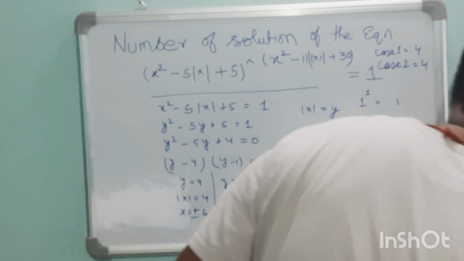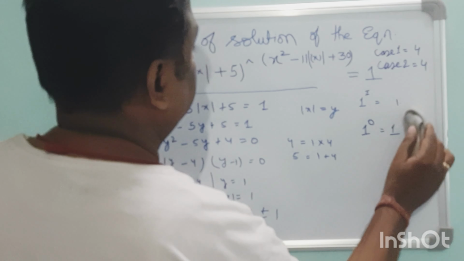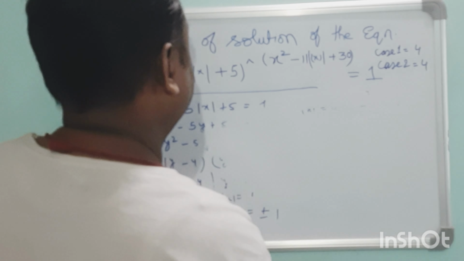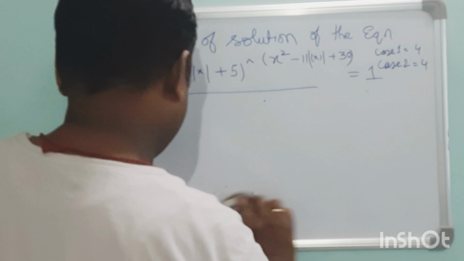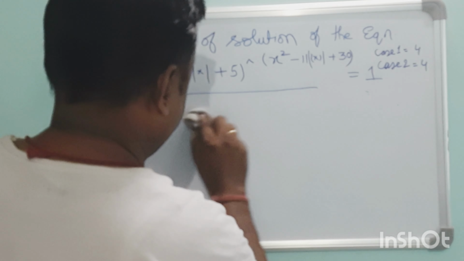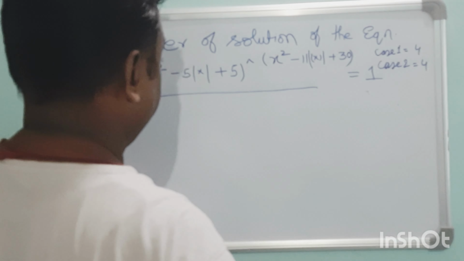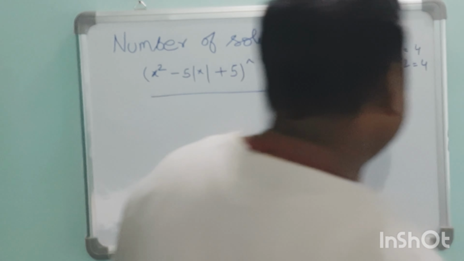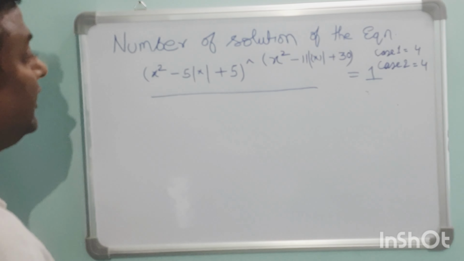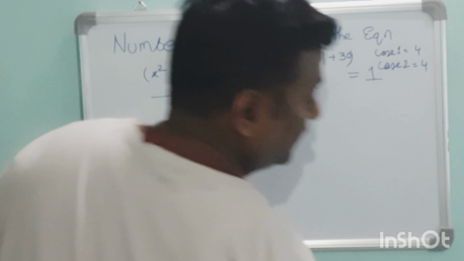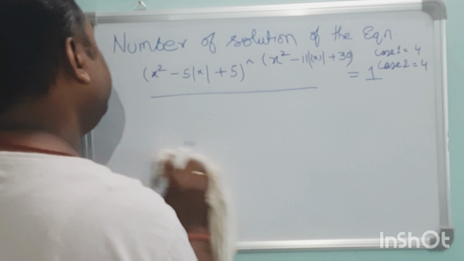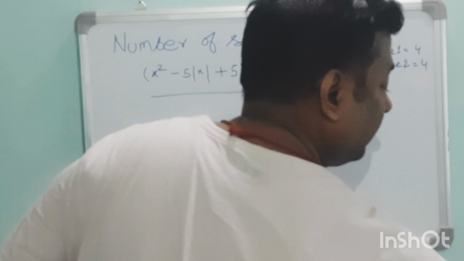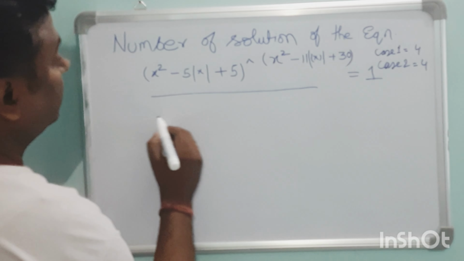Now we will go for the third case. What was our third case? The third case was that we need to have minus 1 in the base and in the power we are going to have an even number, right?